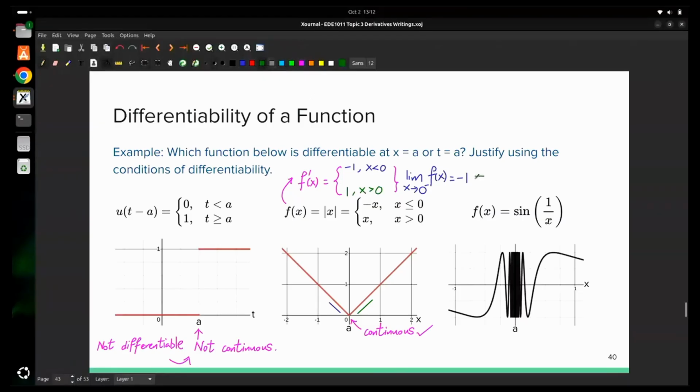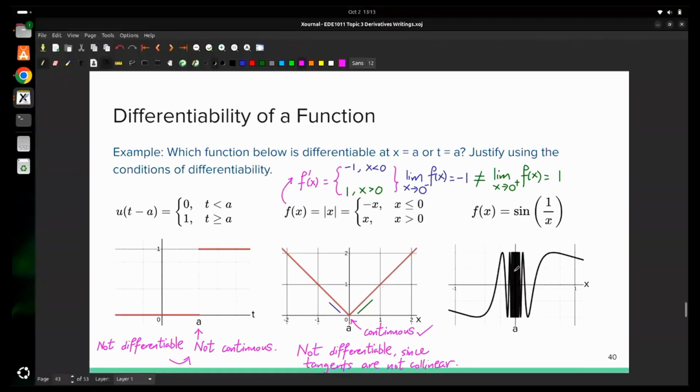So this is not equivalent to the limit as x approaches 0 plus of f prime of x, which is 1. -1 is not equal to 1. So obviously, as discussed earlier, there's a sharp point there. Therefore, the function is not differentiable, because the tangents are not collinear. That's for the second, absolute value function.